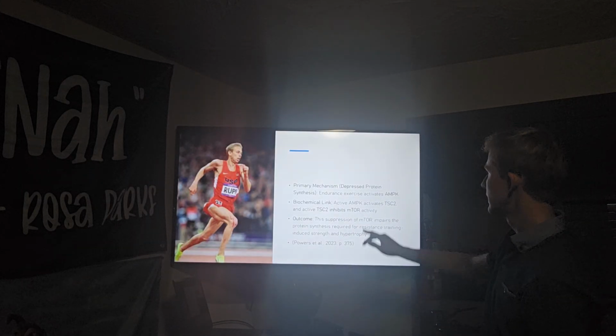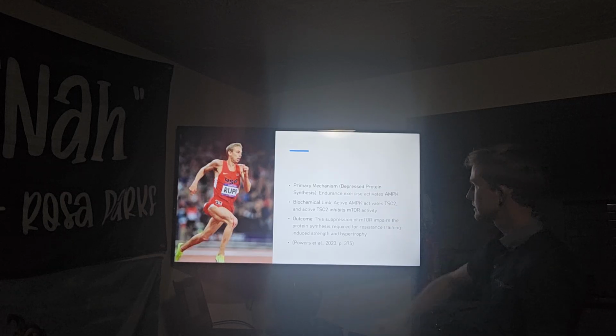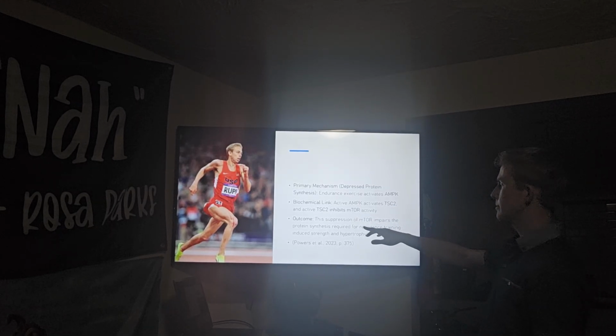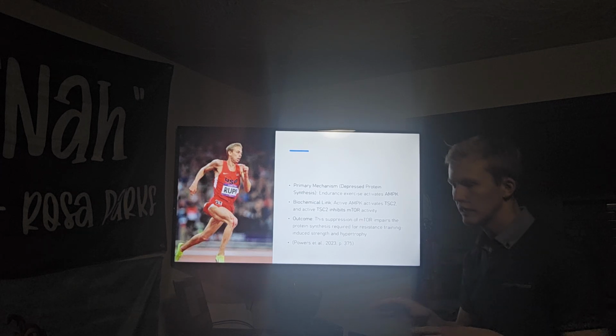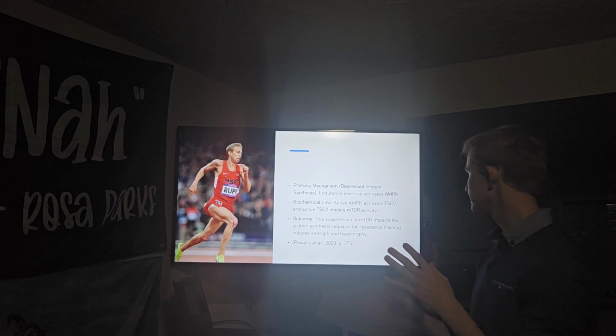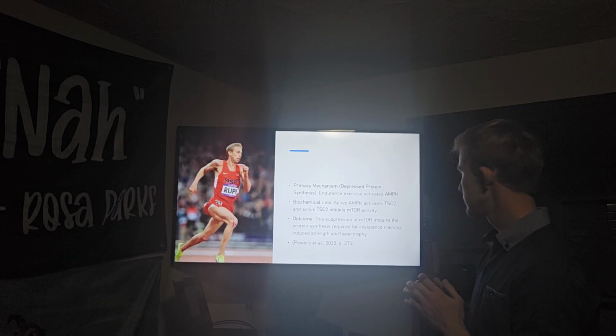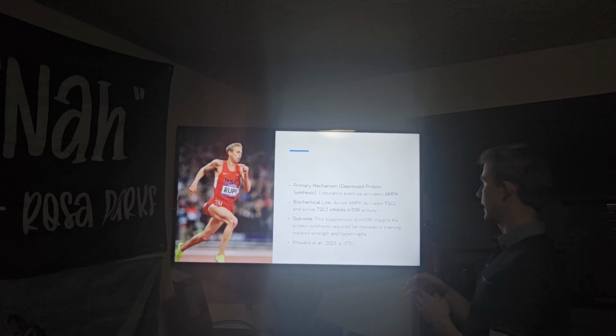So the primary mechanism is depressed protein synthesis. Endurance exercise increases the rate of AMPK, a protein that activates TSC2, and TSC2 is what inhibits mTOR. mTOR essentially helps with protein synthesis and allows your body to be better at resistance training.